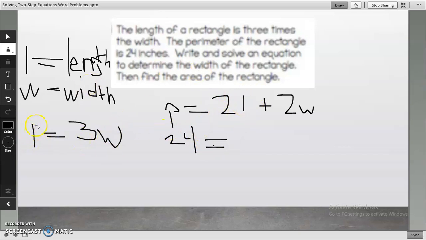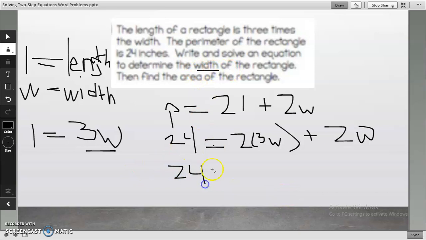So I know that my L is equal to 3W. So instead of saying 2L, I'm going to say 2 times 3W plus 2W. And that works out for me because they asked me to find the width. So I get 24 is equal to 6W plus 2W.